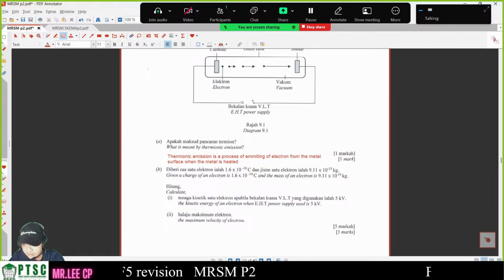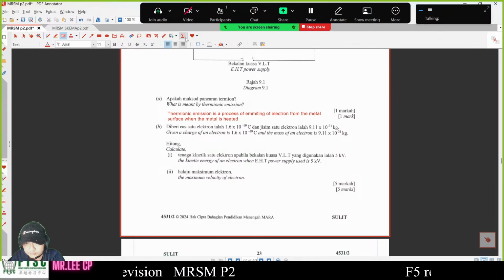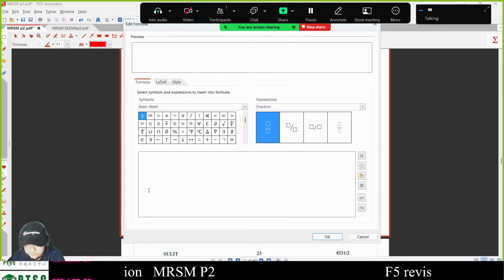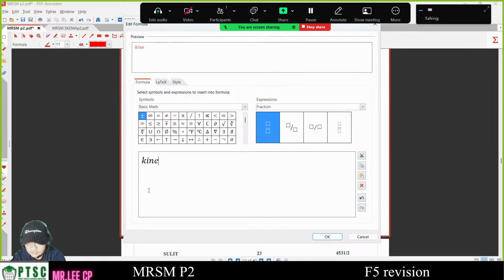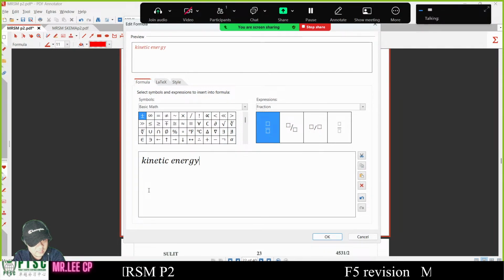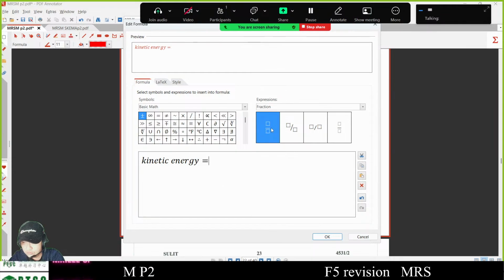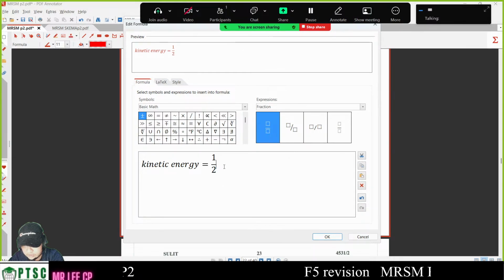Okay, so number one, kinetic energy is equal to 1 over 2 mv square.